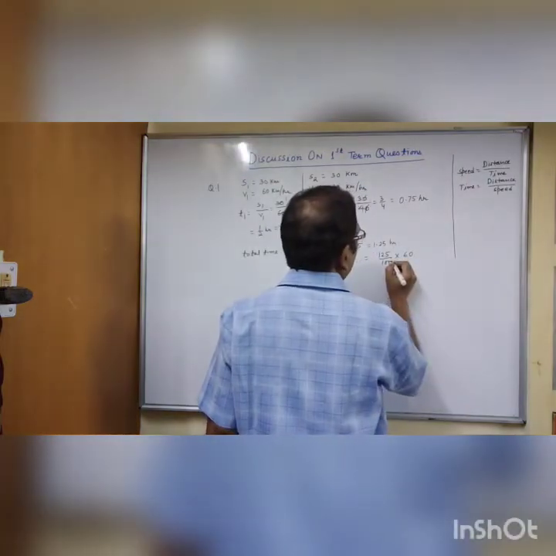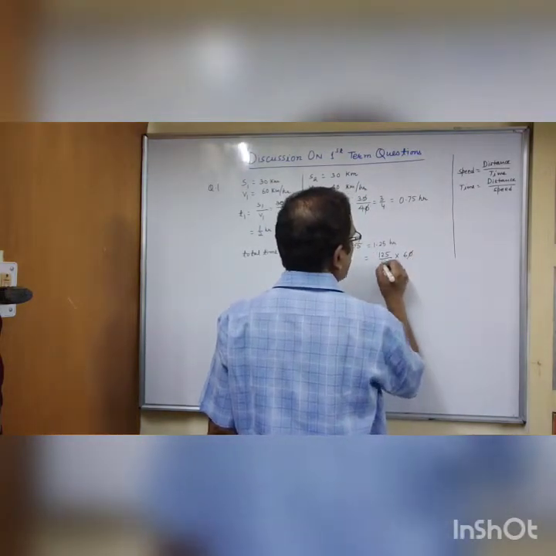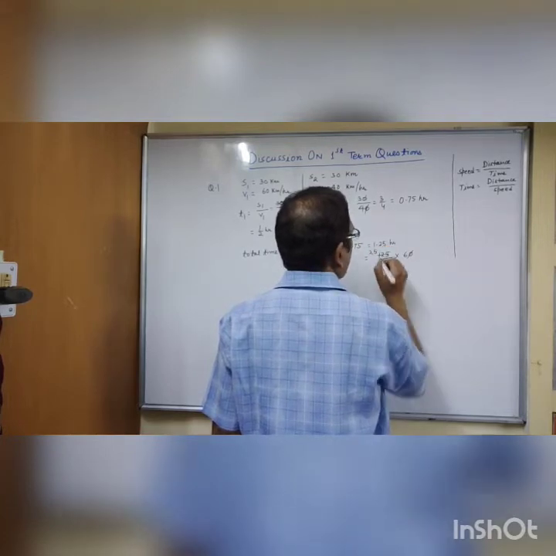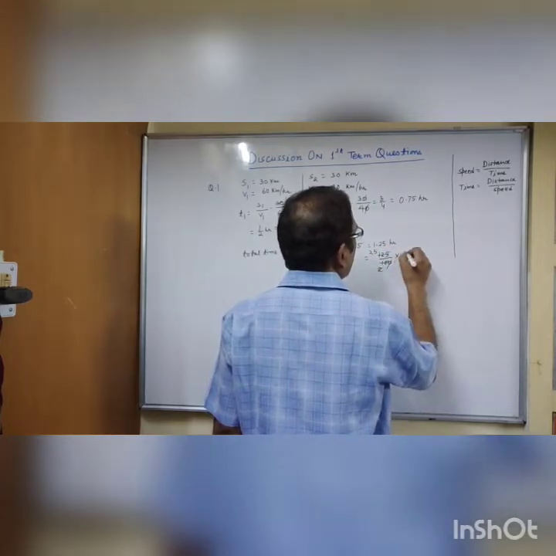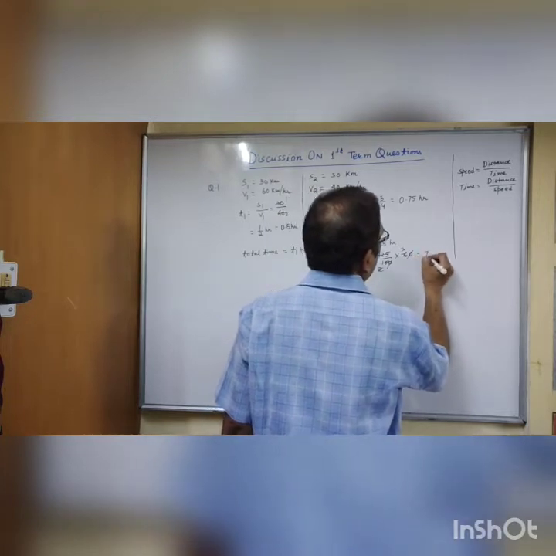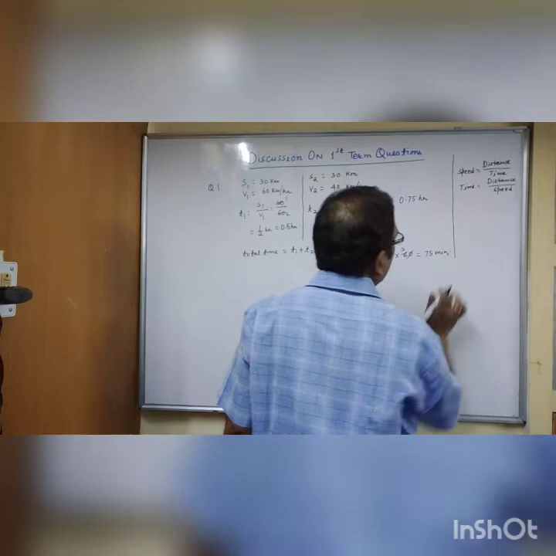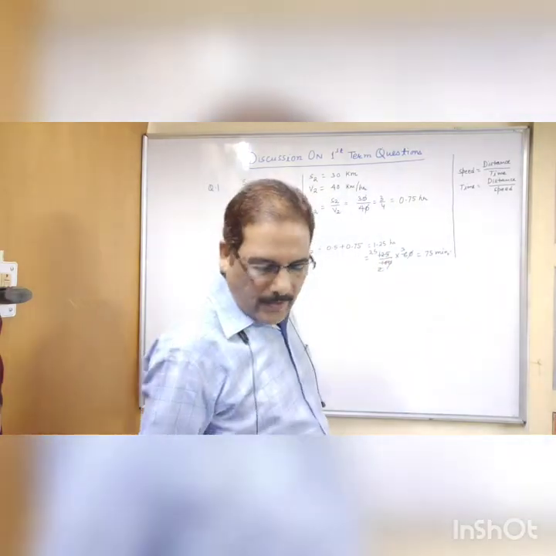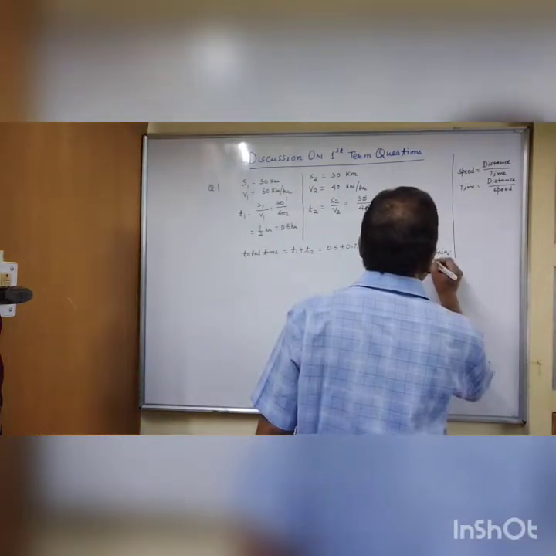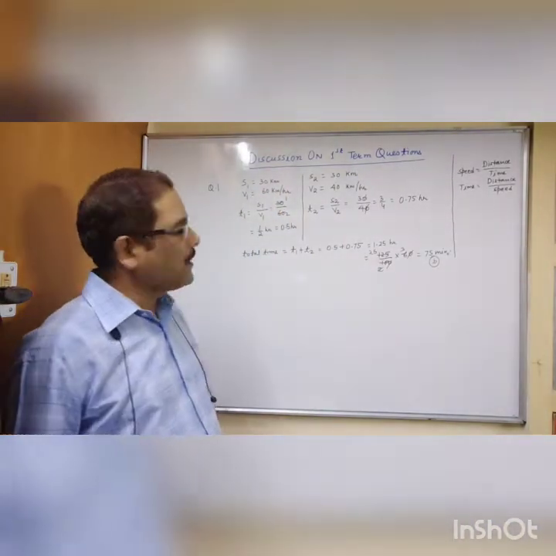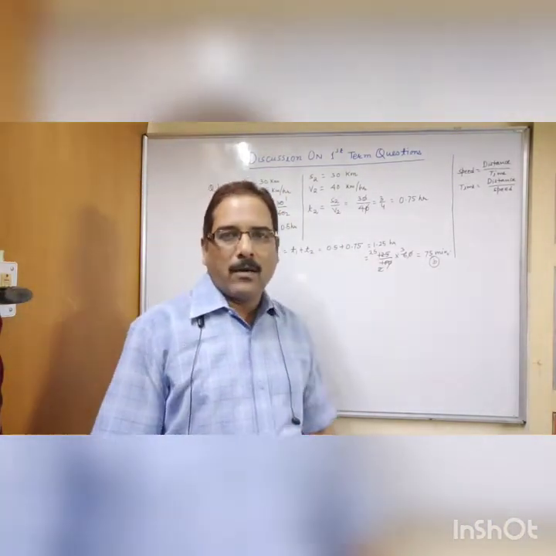Now the zeros cancel, 5 2s are 10, 5 2s are 10 and 5 5s are 25, then 2 3s are 6, so you will get 75 minutes. So I think B option, yes, B option is the correct option. In this way you have to solve the first numerical.